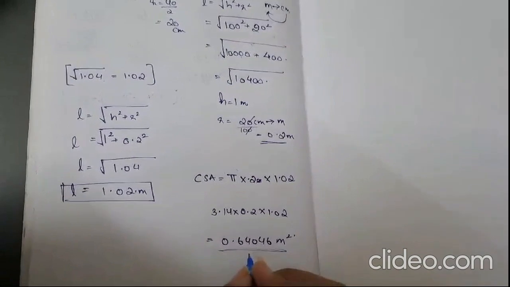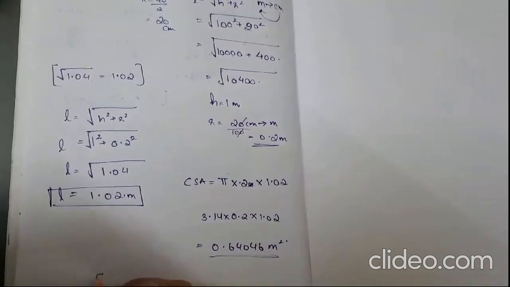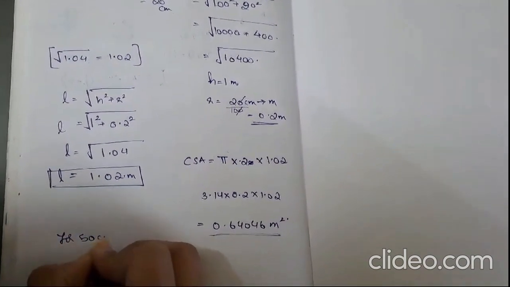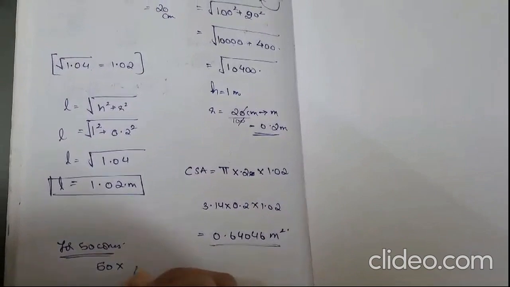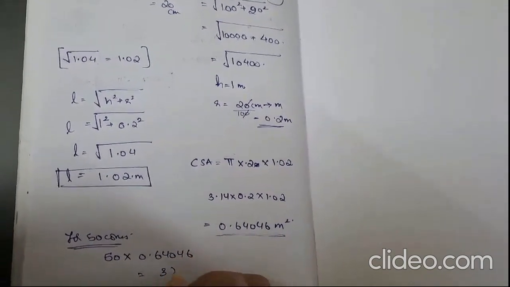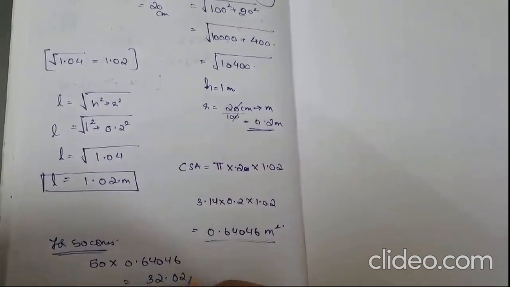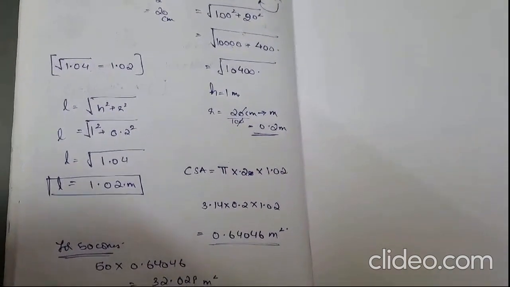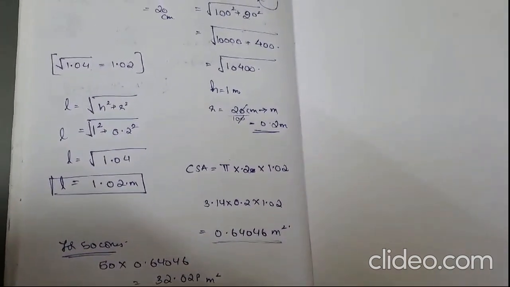Then for 50 cones, it is going to be 50 times 0.64046, which turns out to be 32.028 meters square. Now 1 meter square is rupees 12.